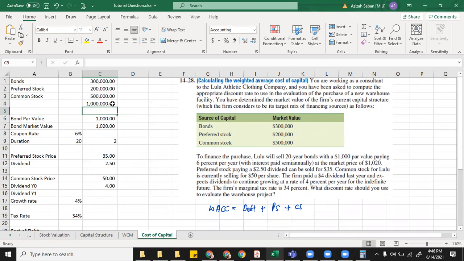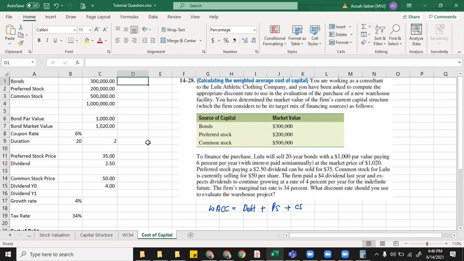So in weighted average, we need to find out what percentage each capital contributes to the 1 million. It means that I need to know what percentage is bond, what percentage is preferred stock, and what percentage is common stock.